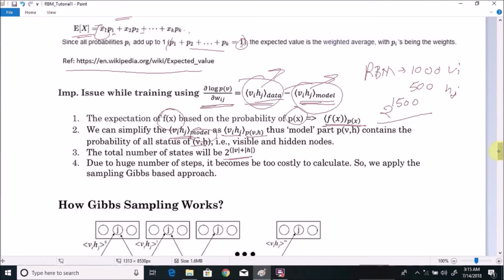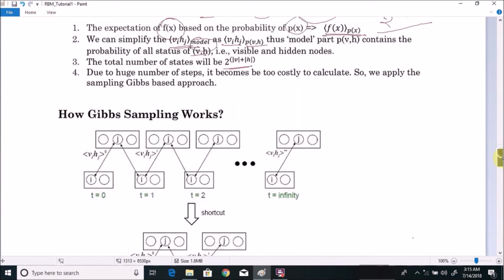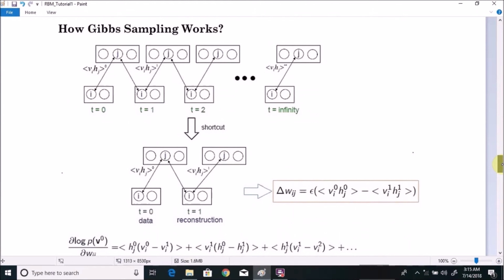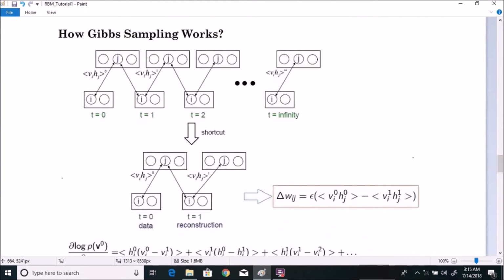So now let us see how Gibbs sampling works and how many steps we have to go for sampling. Suppose this is the state transfer at different iterations, at t equal to 0, t equal to 1, t equal to 2. Suppose we are going till an infinite number of iterations.